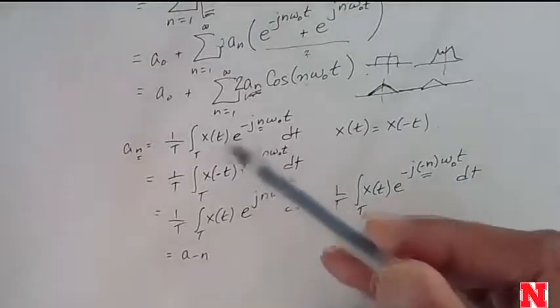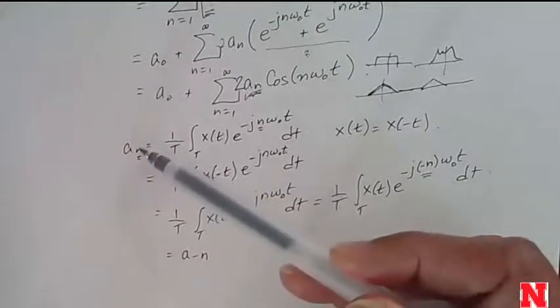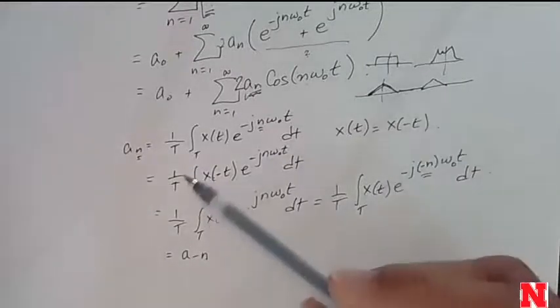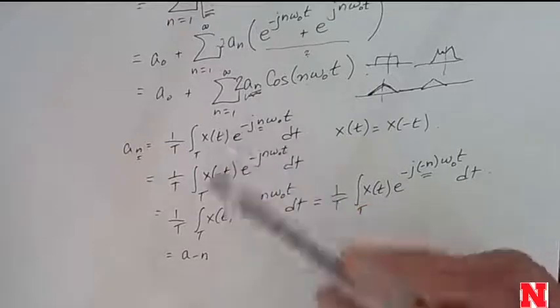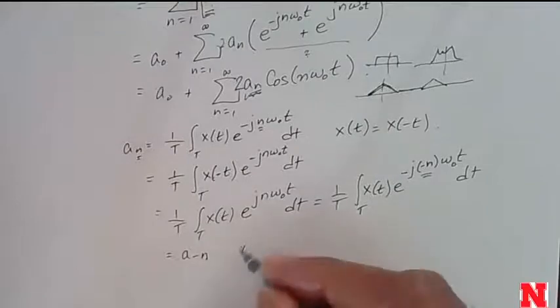So if x of t is equal to x of minus t, then I can show that a sub n is equal to a sub minus n. Okay. If I have an odd function, I can also show, so this is for x of t even.